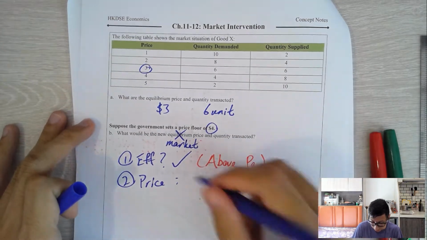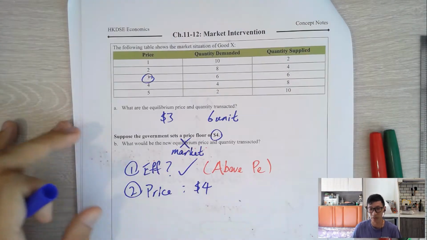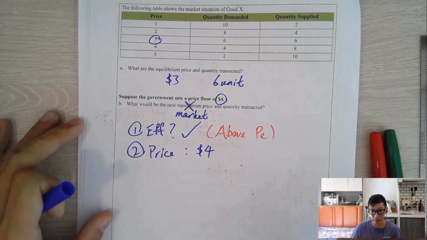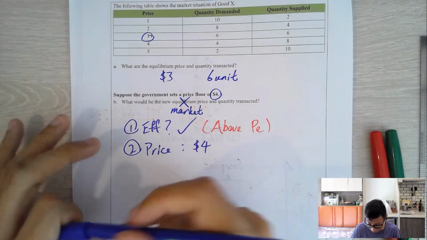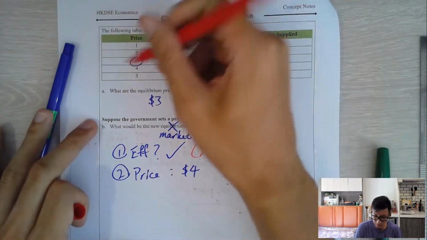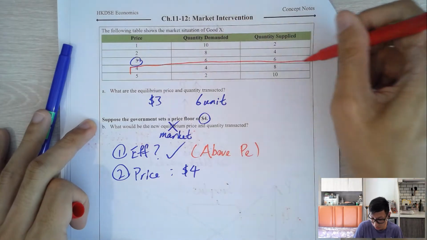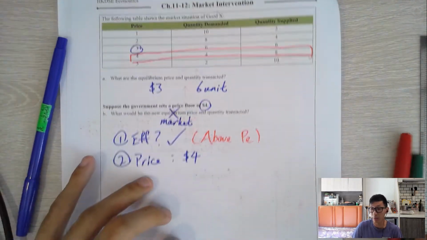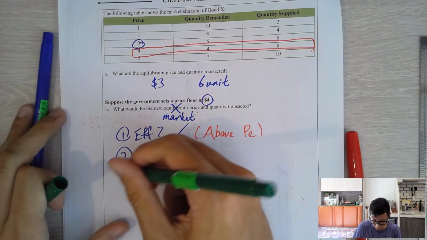Then we know since it is effective, the market price would become $4 directly. And finally, at $4, let's take a look. At $4 we have 4 and 8. QD or QS? Remember, not QD, not QS.